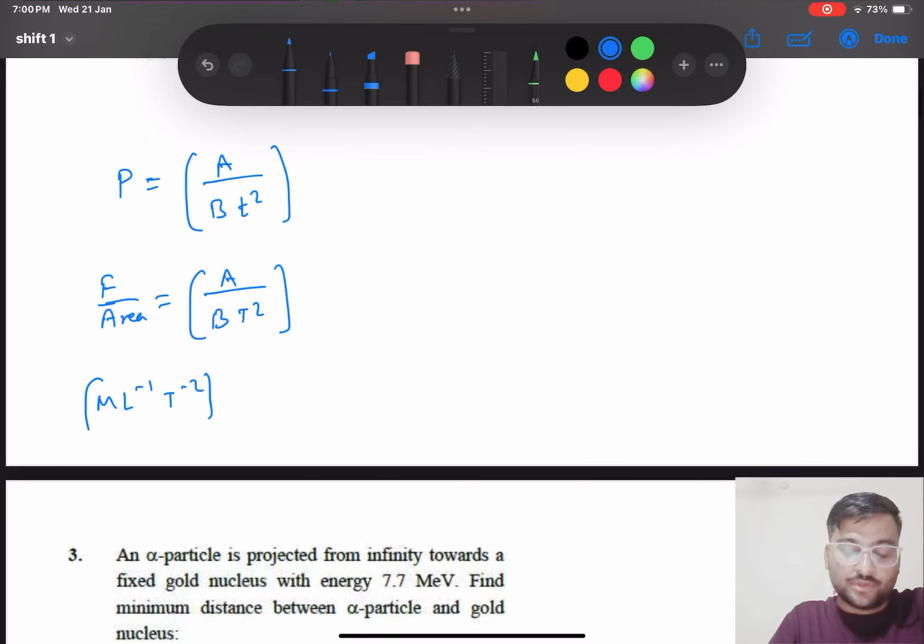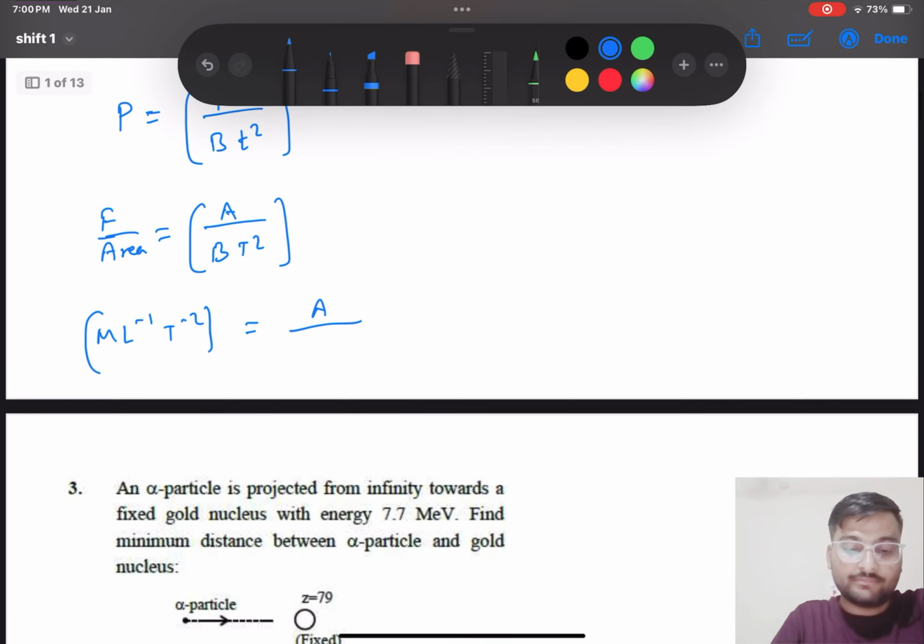The dimension formula of pressure is M L minus 1 t power minus 2, and that is equal to a into, with the b dimension we already know, L into t power minus 1 into t power 2.